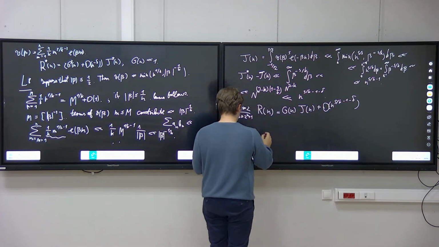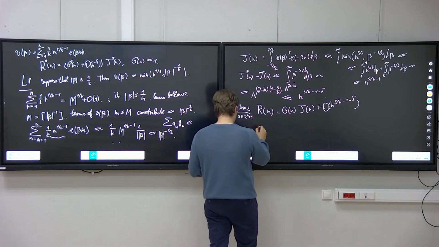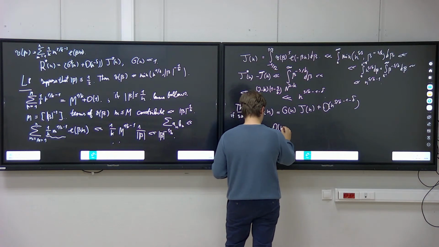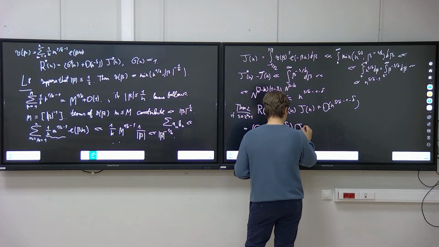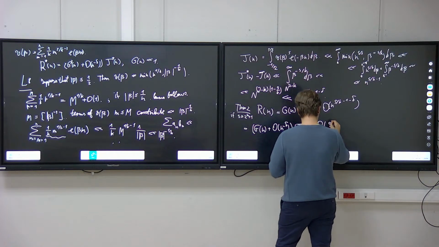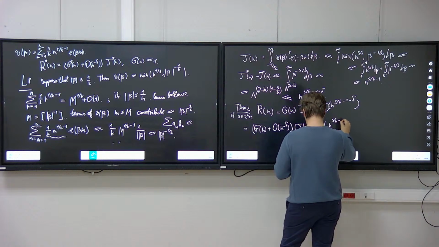Because we know that this is equal to J of n plus big O of n to the power minus delta.